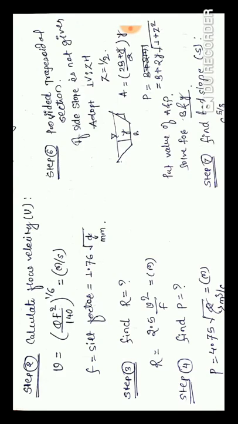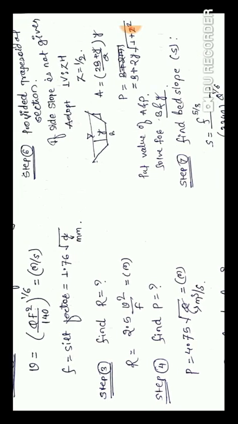Then in the sixth step we calculate B and Y, that is bed width and flow depth. How do we calculate them? As we have the side slope, based on the side slope we calculate the geometric parameters.